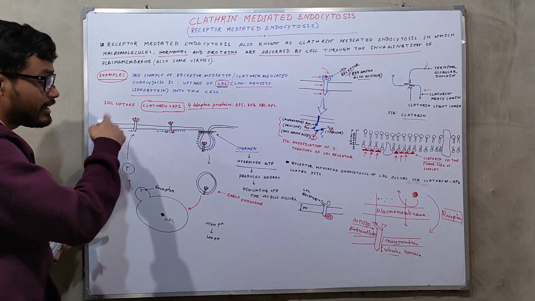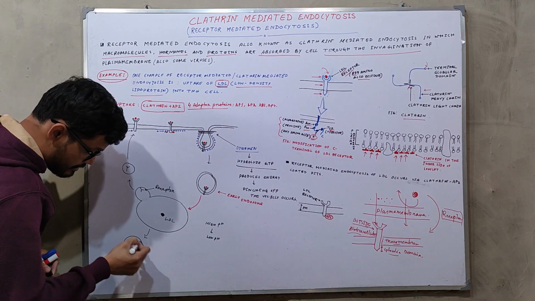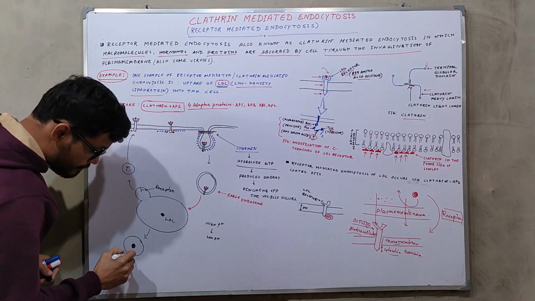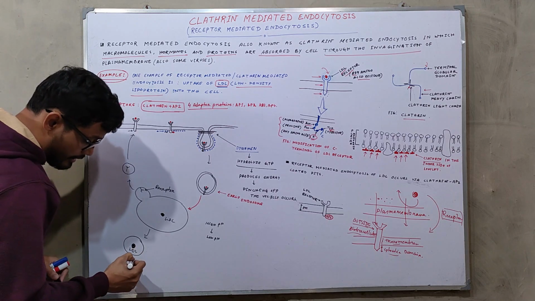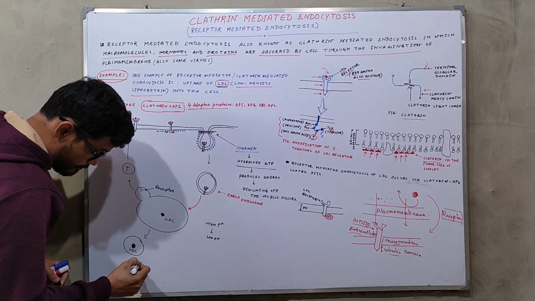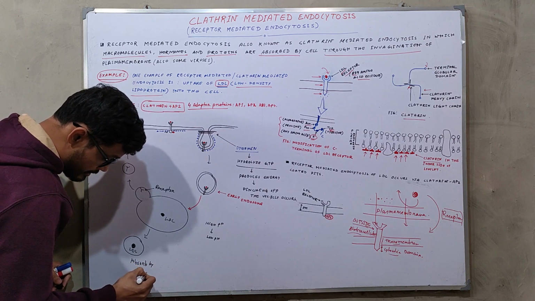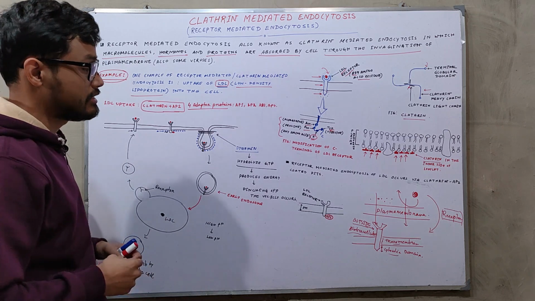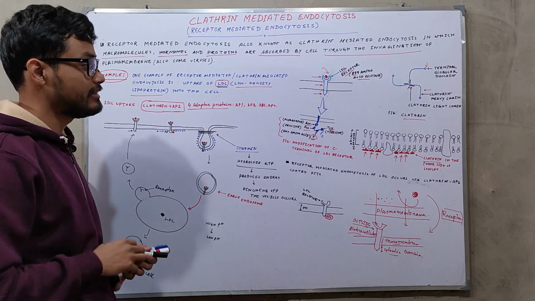That means it recycles itself, and this LDL comes inside the cell and is absorbed by the cell, okay. So this is the whole process of receptor mediated endocytosis, how clathrin works.